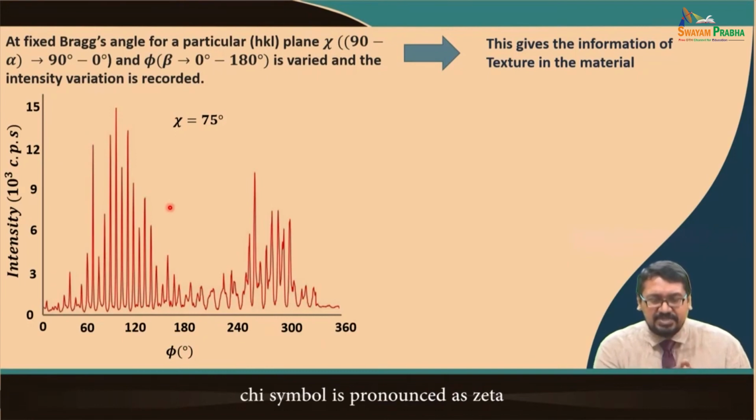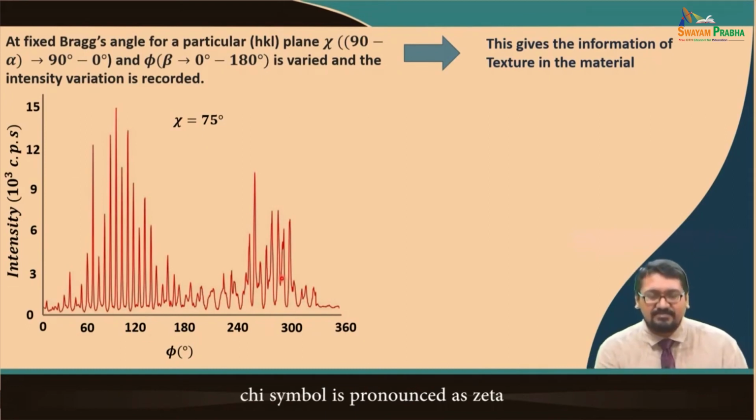And in such a situation, if we plot an intensity plot for a certain zeta, while we are rotating the phi from 0 to 360 degree for a certain element or certain kind of polycrystalline material, we can get an intensity plot which looks like this, right, something like that.